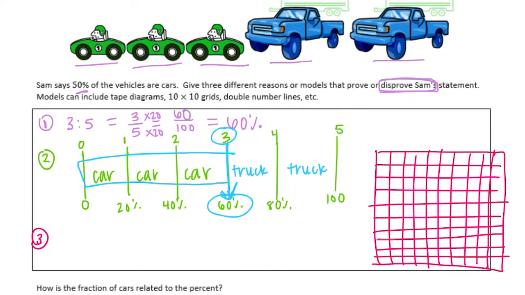Now, we know that 60% are cars. So, actually I'm going to do that in orange. 60% are cars. So I'm going to shade in 60%.